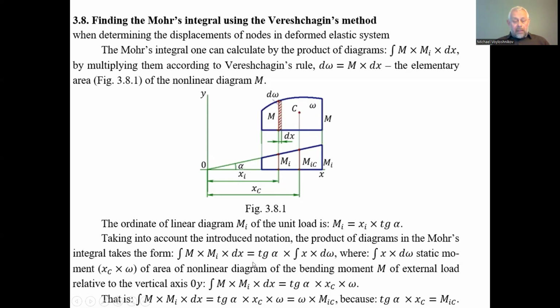So this product of increments of the area finally gives us the area of the diagram of the curvilinear shape of the bending moment of the element under the action of the external force.